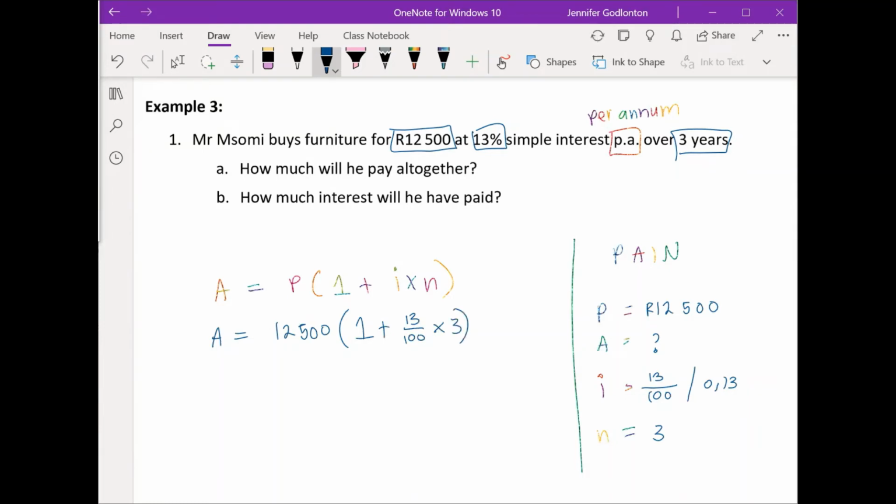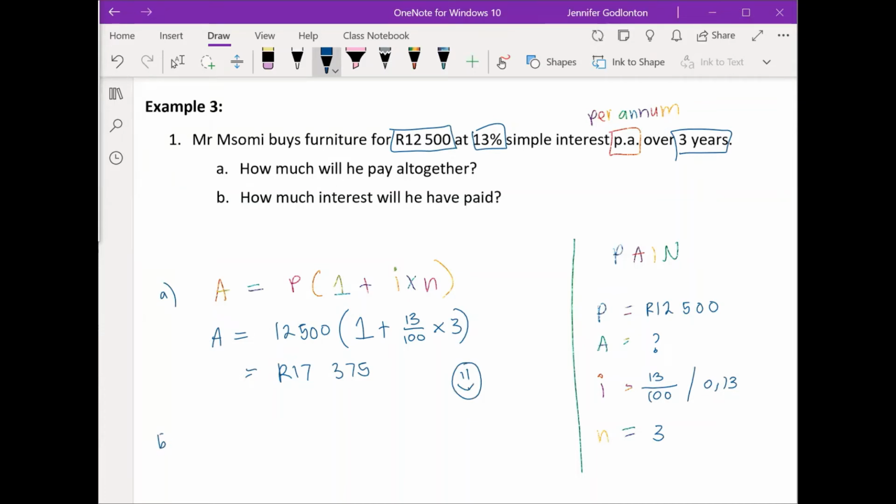And we're going to put that into our calculator. Exactly like that. And we get the beautiful answer of 17,375. So big well done to all of you who got it right. That is amazing. That is part A.